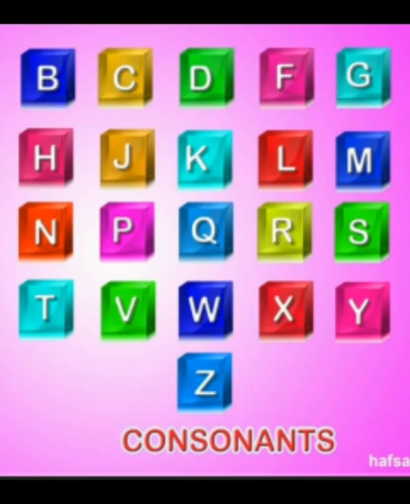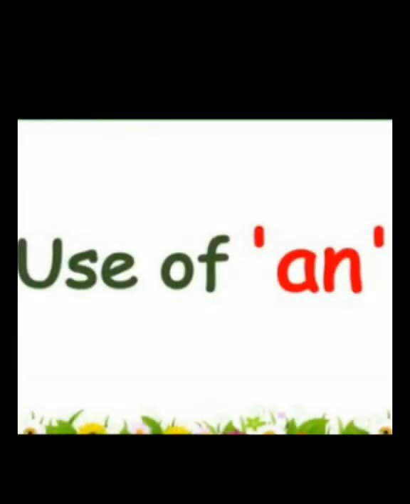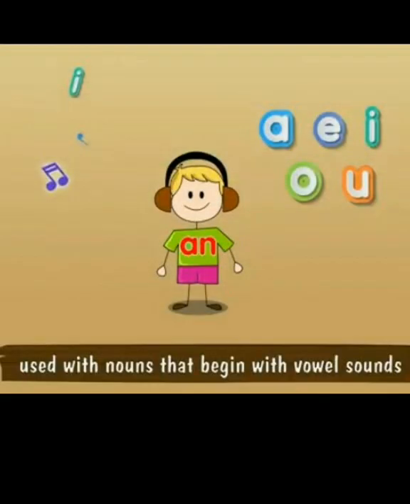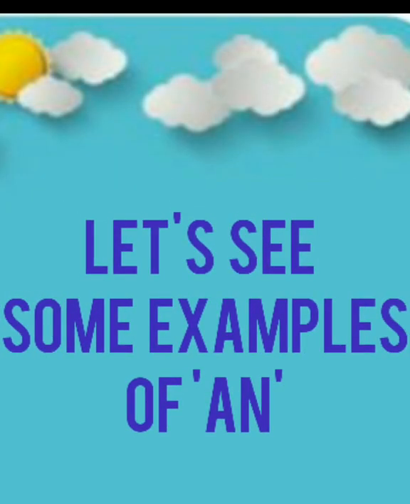Now let's see the use of an. An is used with the nouns that begin with vowel sounds. And vowels are A, E, I, O, U. Again, just look here at some examples of an. There are some pictures showing where to use an.